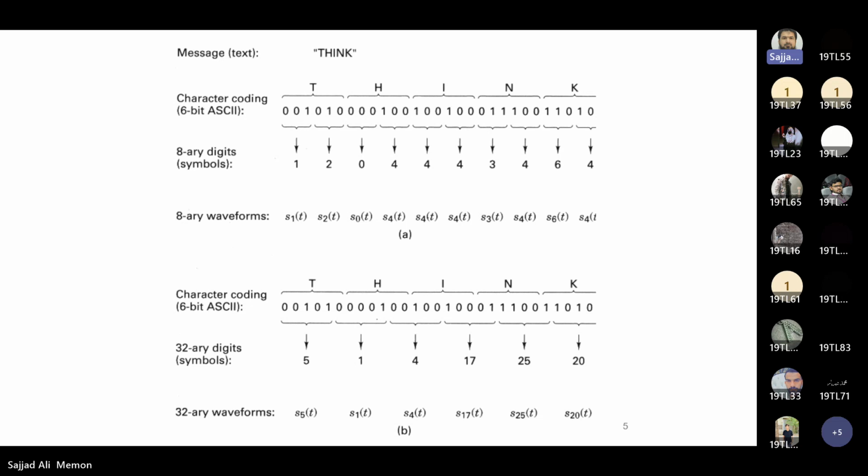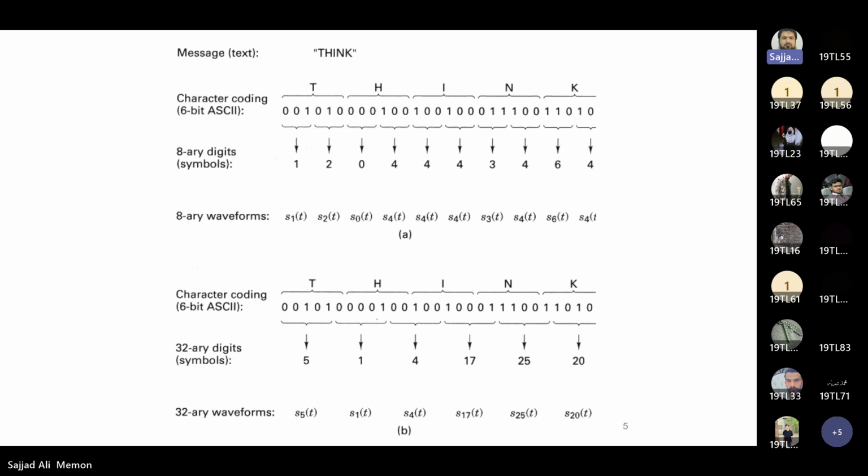For 8 array, that means 2 power 3, so a total of 8 waveforms. So we can represent 8 different data here. Similarly, here we have 32, that is 2 power 5, so 32 different waveforms can be generated for different types of data.